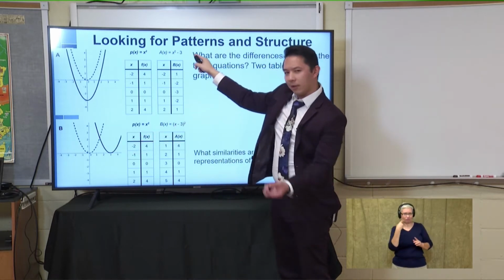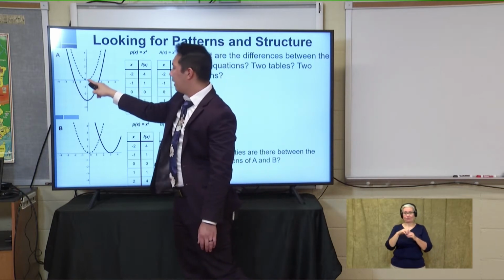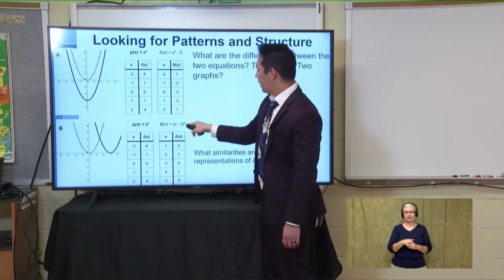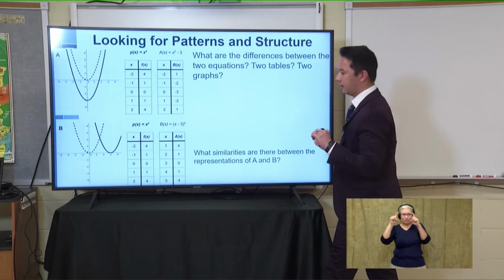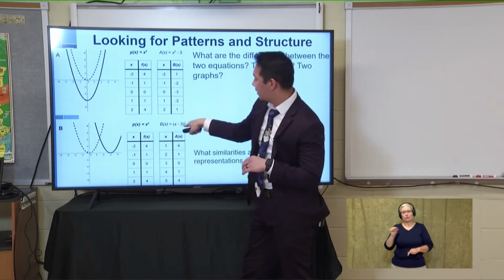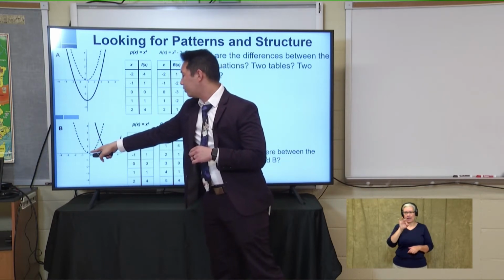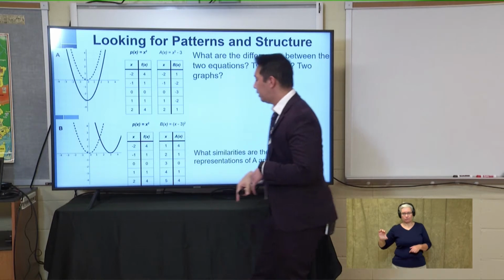When the -3 was on this outside of our x squared function, our graph shifted down. But when the -3 is within these parentheses, our graph now has moved to the right. So this x minus 3 has caused a shift in our original x squared function to move right 3 units.